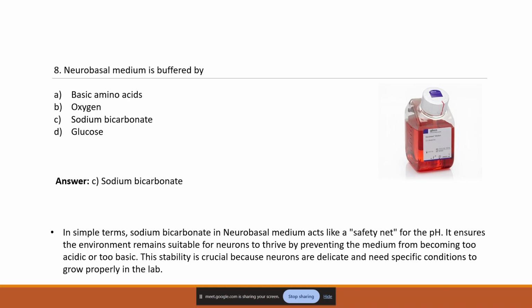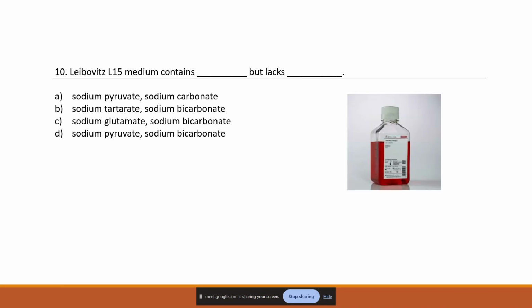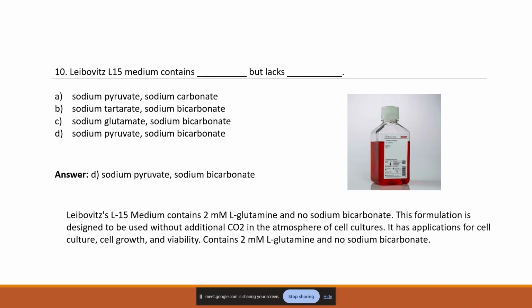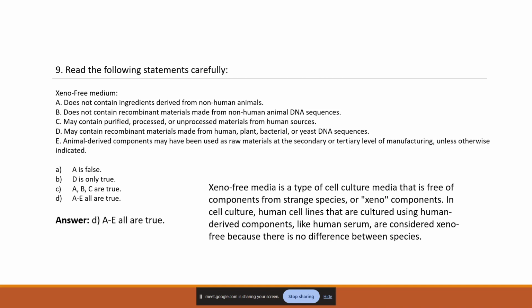So in your media, we have several components like sodium pyruvate, glutamine, glucose, and one of the major components required to grow your cells is serum.